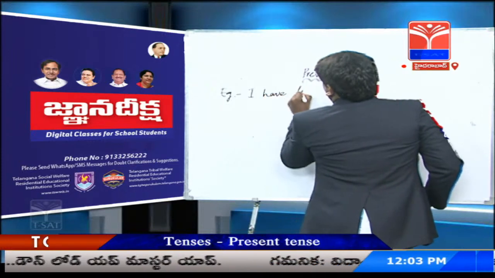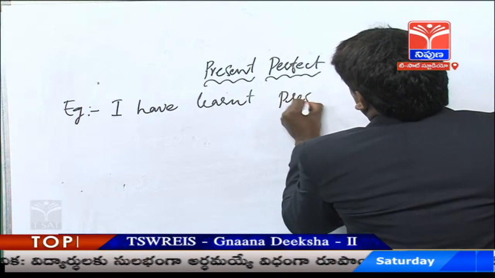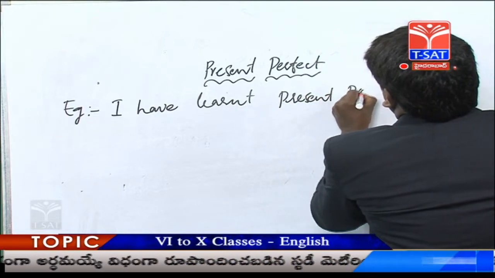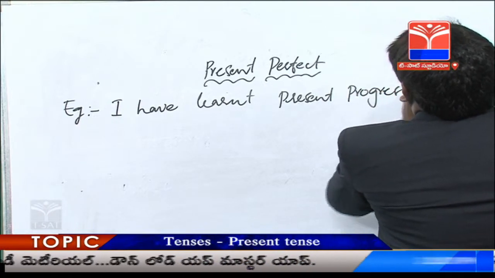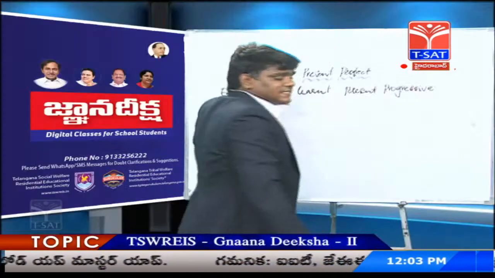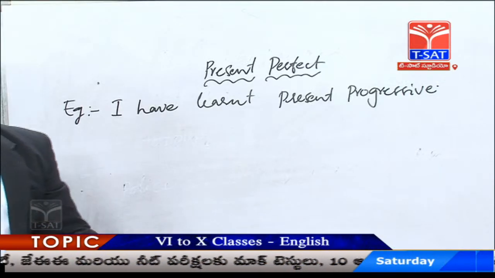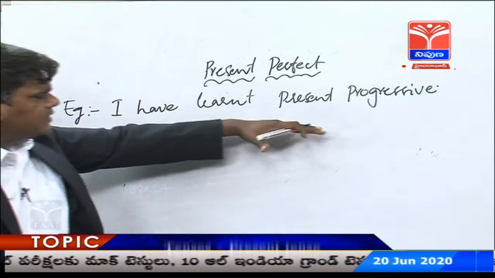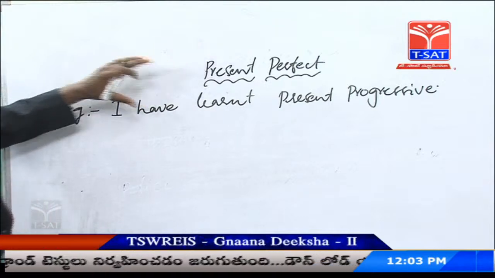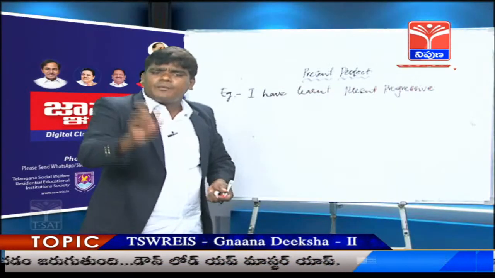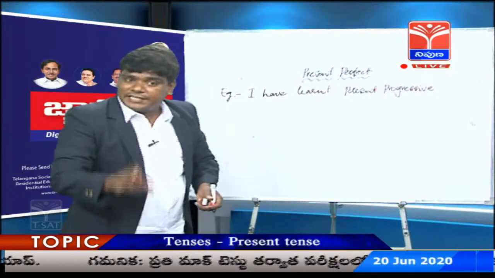I have learnt. Till now what we discussed was present progressive tense. Just finished, but the impact of this tense is there in our mind. So the present perfect tense describes something that happened in the past, but it has a relationship with the present.